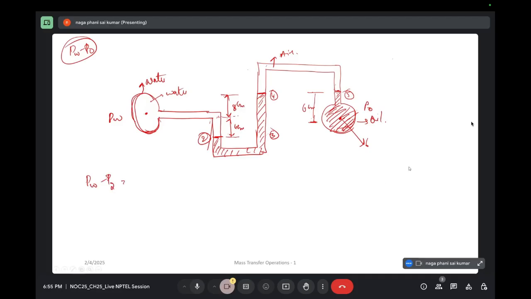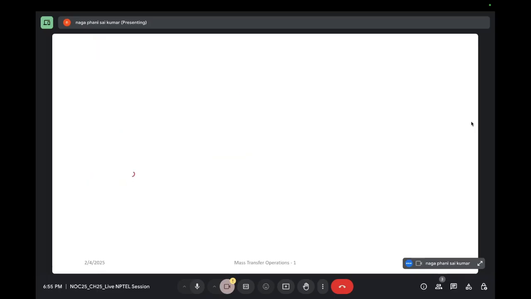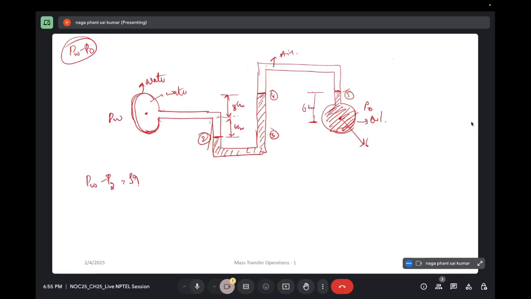What will be the value of PW minus P2? That will be rho G W into Z1 minus Z2. Pressure will be same until this point, because this is a horizontal strip, right? If two points are at same height and if the fluid is continuous, then they should be at the same pressure. So here PW and P1 will be of same pressure.